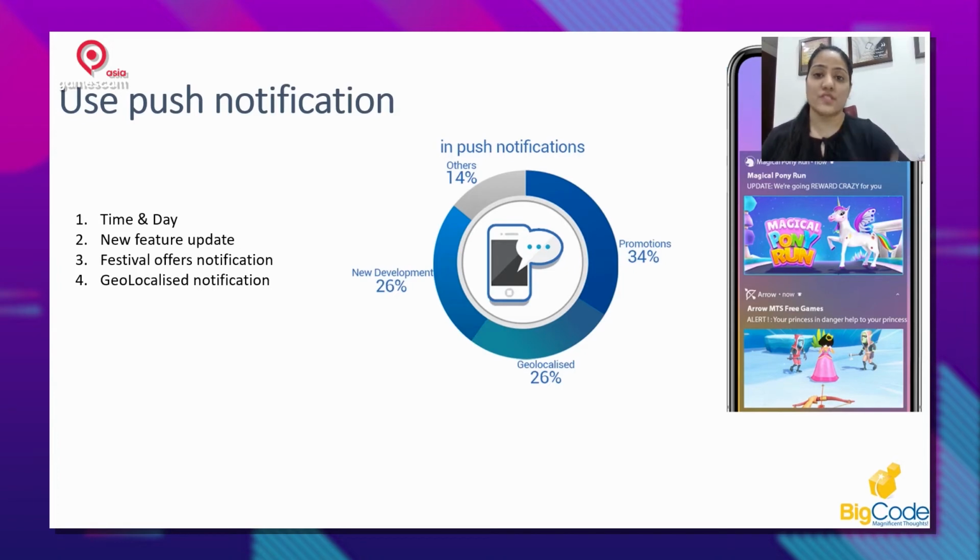If you add any new feature and give an update to the game, make sure the user knows about that update. You send a push notification and tell them, hey, this is a new update in the game, please come and play. And whenever there is a festival offer, show them the great discounts you run in your festival.